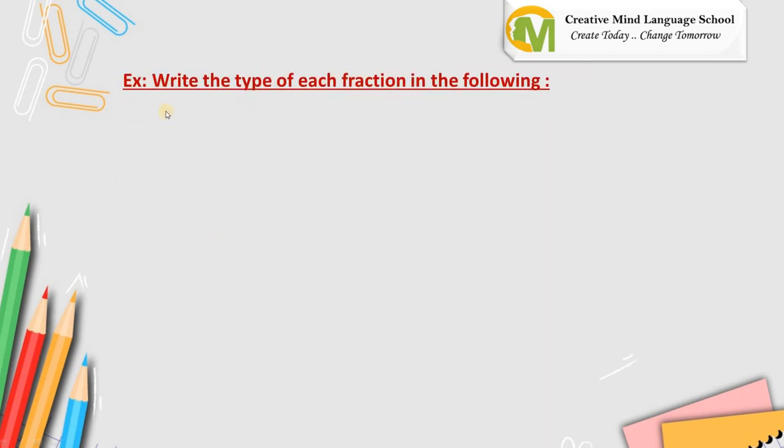Let's show how I can write the type of each fraction in the following. Firstly, we write the fractions. So the first one, 3 over 5. What is the numerator here? Very good. The numerator is 3. And where is the denominator? It's 5. So it's 3 over 5. The numerator is less than the denominator.